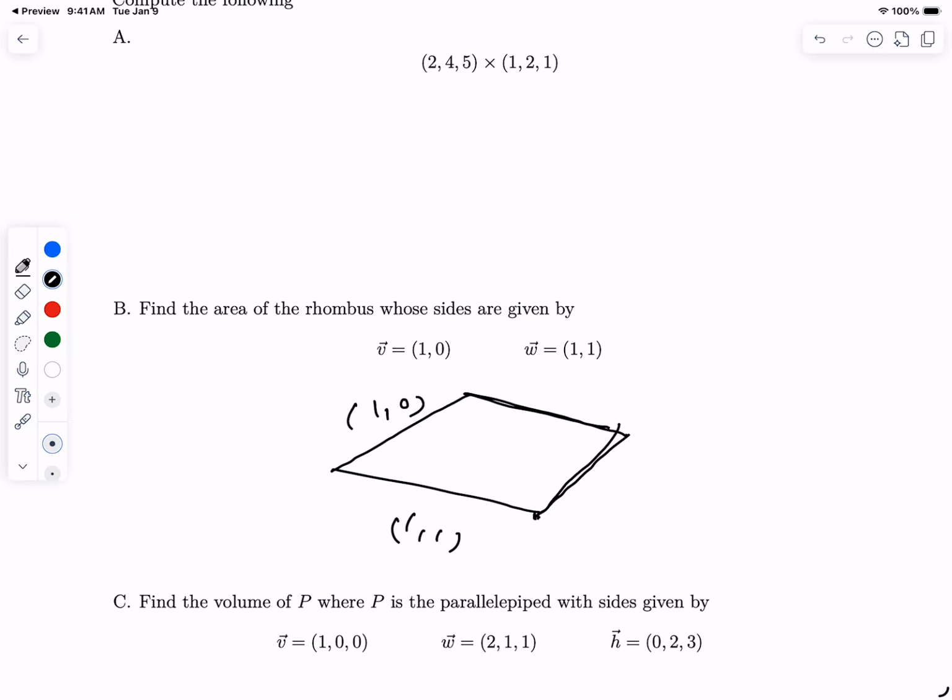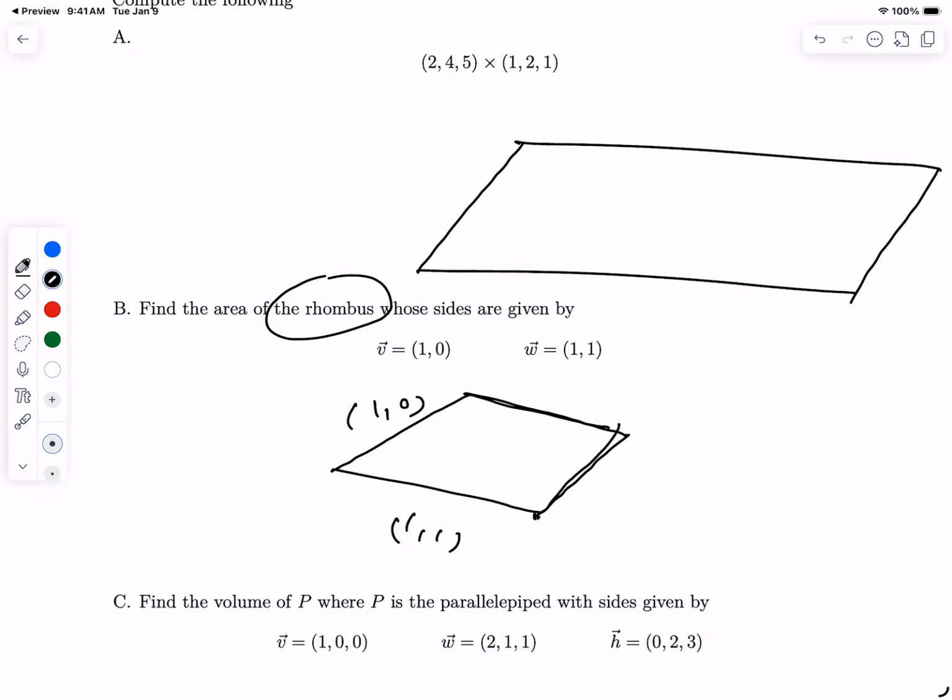Because the cross product is a vector which is orthogonal to these, and its magnitude is exactly the area. A rhombus is another name for a parallelogram, but they are obviously different. In a parallelogram, one side can be longer, another side can be shorter, but opposite sides are parallel. In a rhombus, all the sides are equal in length and parallel. Since the angles are not right, we cannot call it a square.